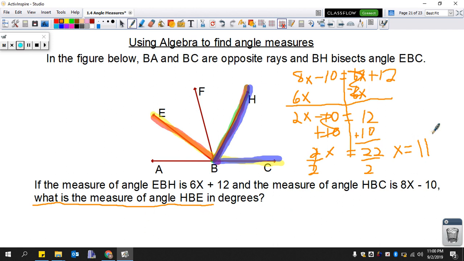So we just have to substitute the x into the expression, and we end up with 6 times 11 plus 12. And when we do that math, 6 times 11 is 66 plus 12, which is 78. So the measure of EBH or HBE is 78 degrees.